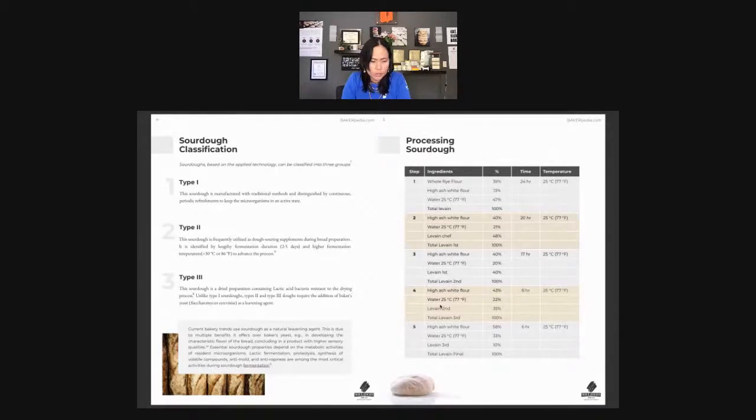Over on the right side of the screen, we pretty much lay out a process on how you can make your own sourdough, and how you can use a levain to help you in your production process. Okay, so I would love any feedback on this. If you've tried this and you think it's great, give us a shout out.